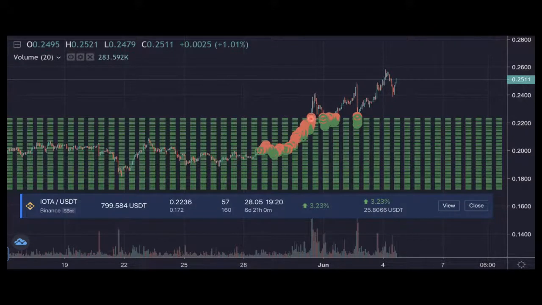So they'd rather close the bot and then look for the price to move downwards and relaunch it at a lower price right before an upside continuation.